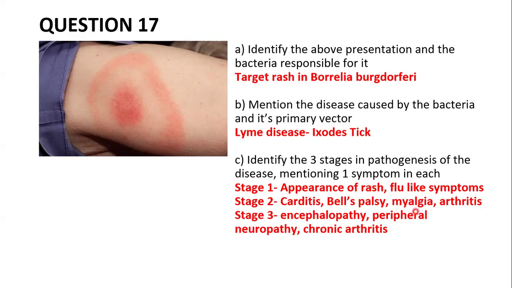So you're going to have drooping on that side, myalgia, which is muscle pain, and then arthritis, which is joint pain. Then for stage 3, this is now the late dissemination. Late dissemination stage is when it has affected multiple organs. Encephalopathy, this is when the bacteria reaches the brain. Peripheral neuropathy, when it affects the nerves. And then chronic arthritis, when it affects the joints. Okay.